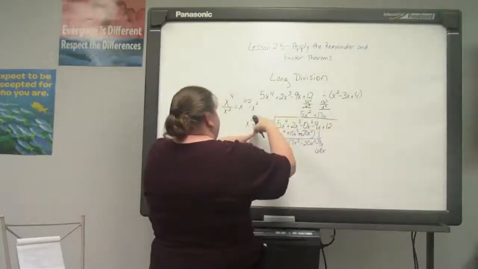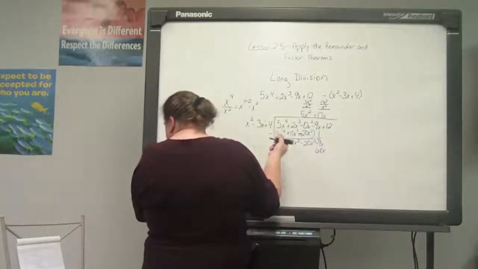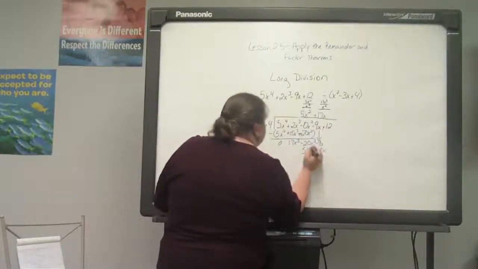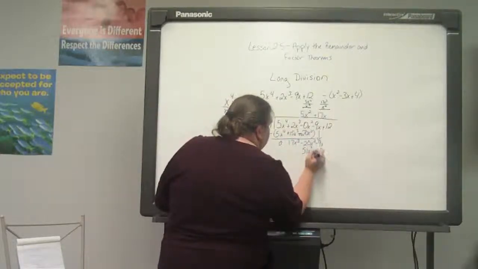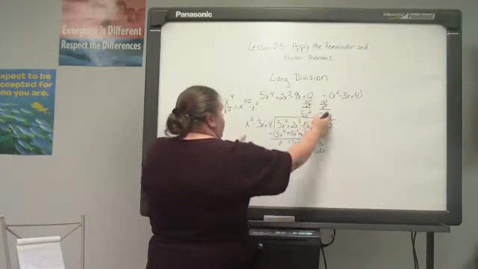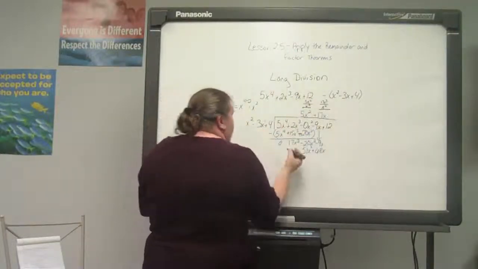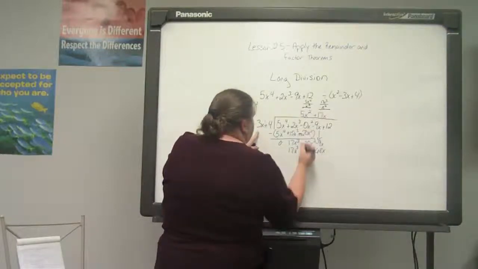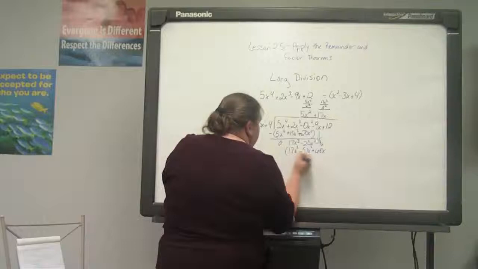17x times a negative 3x is 51x squared. And then 17x times x squared is 17x cubed. And again, we have to subtract.